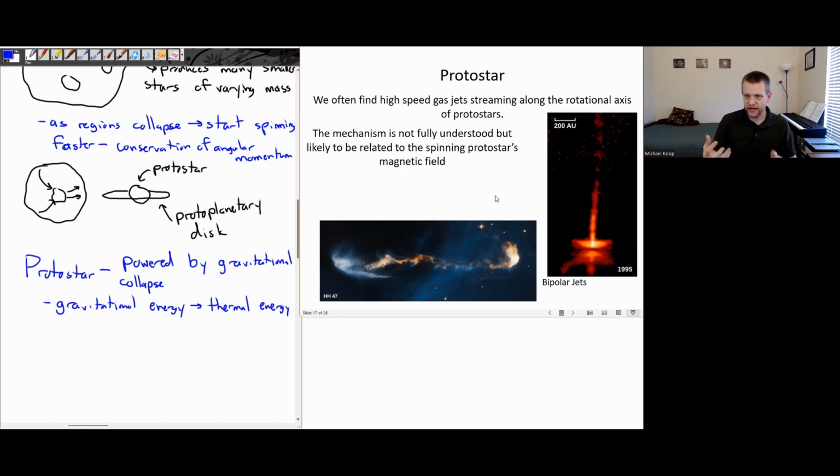And through a mechanism that's still not fully understood, this is one of the things that the James Webb Space Telescope is probably going to be studying as part of its mission. These spinning charged particles right next to the star can produce very, very strong magnetic fields in those two directions. And that seems to be what's powering these jets. So we can get strong jets and strong solar winds.